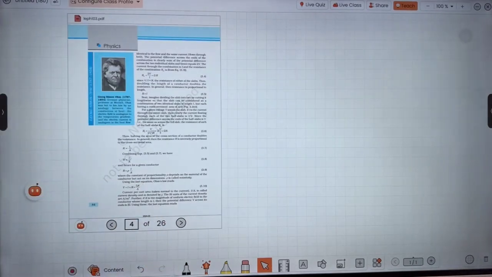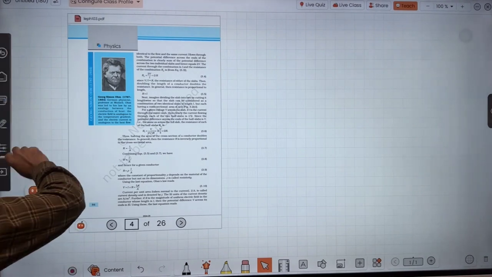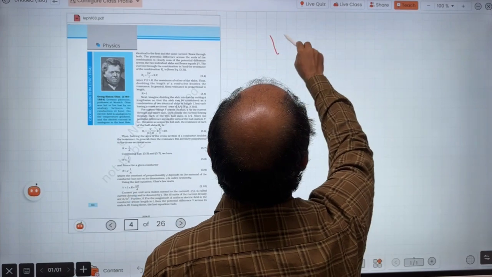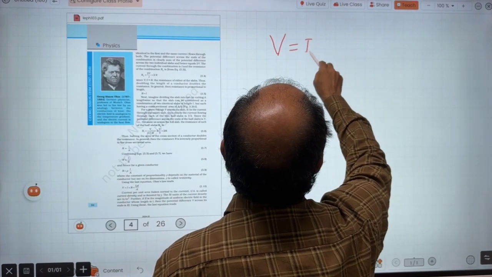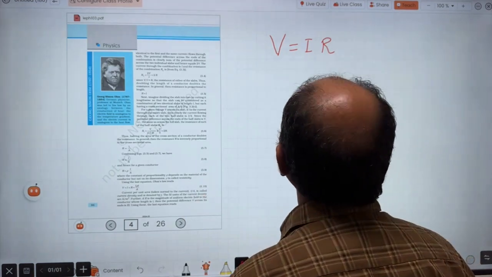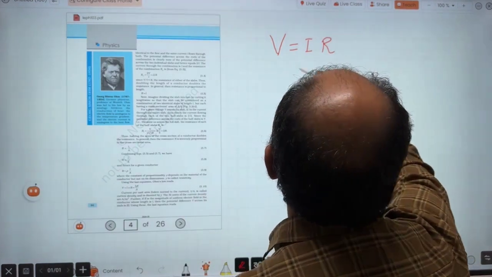Here our concern is to define Ohm's law in vector form. If you observe, you know V equal to IR. Here everything is scalar. We have to introduce vector here.